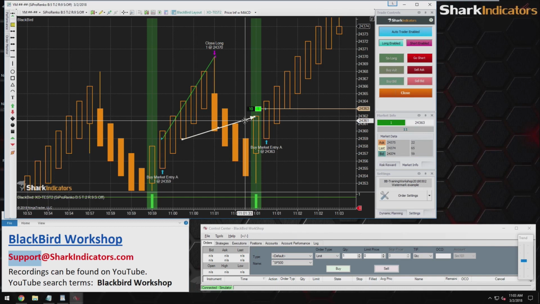If you want to get your market order entry price closer to the closing price of the bar, you have to go to something like a minute bar, a tick bar, or a volume bar.